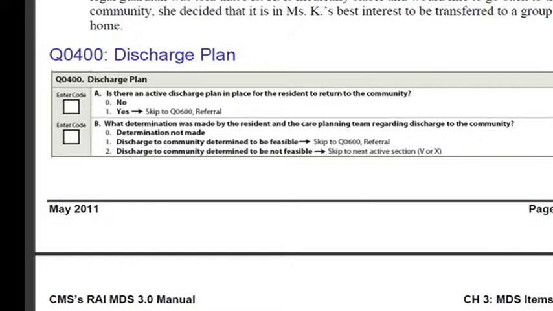Q0400B would be coded as 1. Discharge to the community is determined to be feasible, and then you would skip to 0600 because it is possible that there are services available at this time.